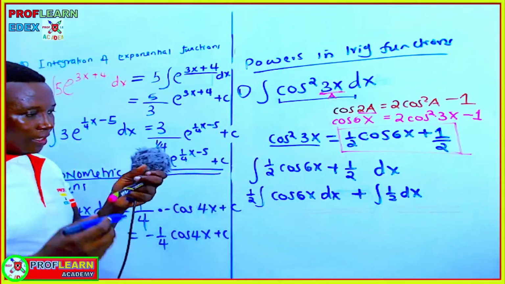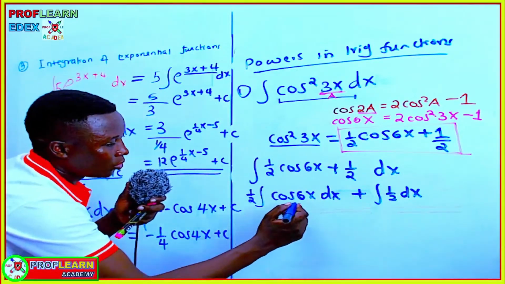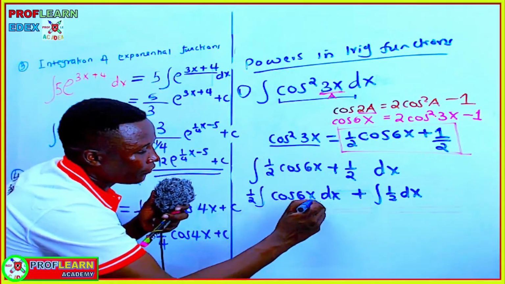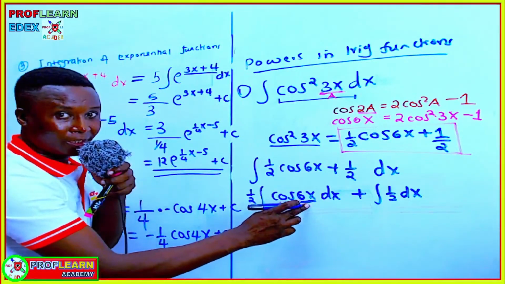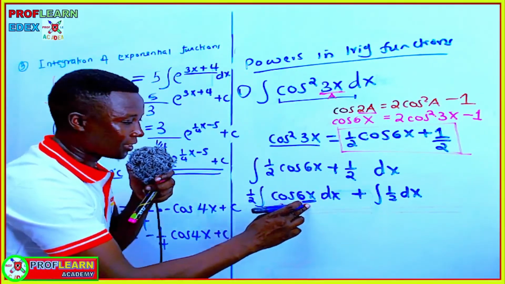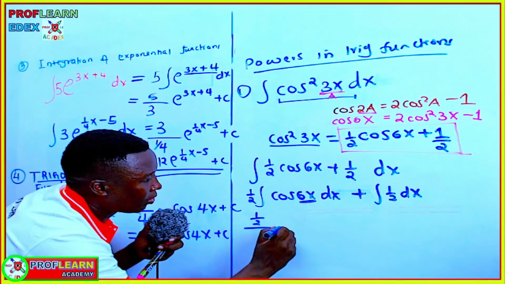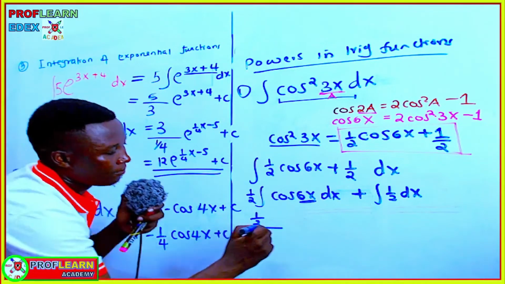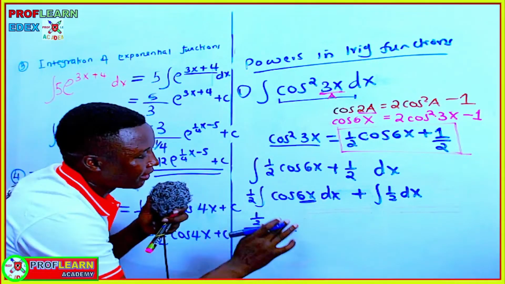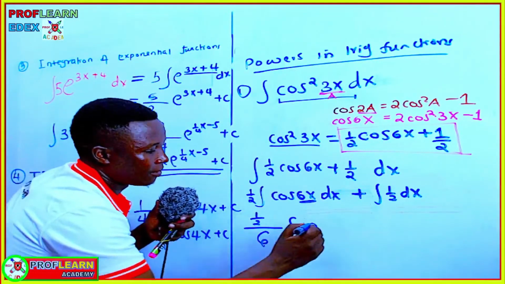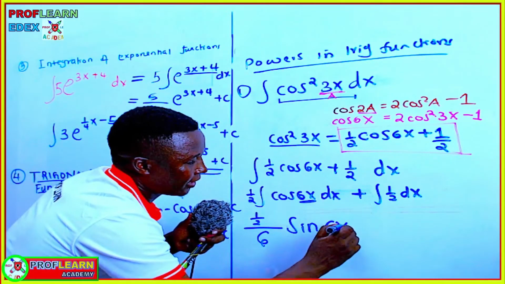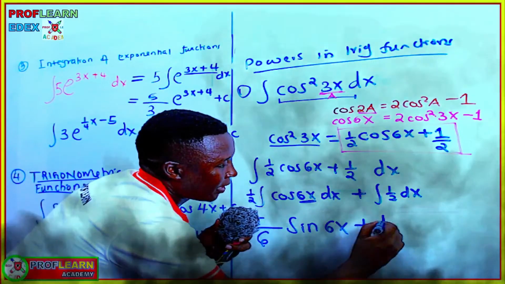Now, if we integrate this, you are going to differentiate the function you have here, which will mean that this is going to be 6, and then our answer is going to be 1 over 2 over 6, right? Integrating cos is actually sine 6x, then plus 1 over 2x plus c, like that.